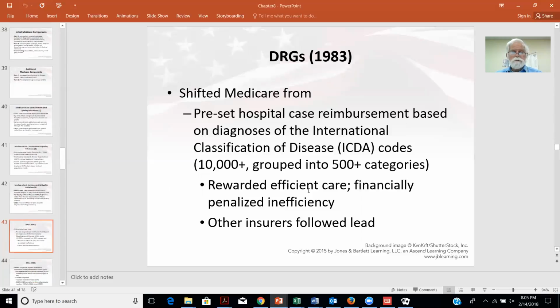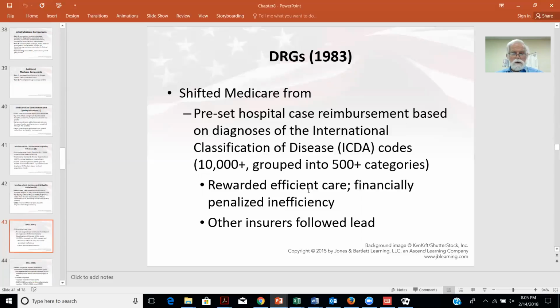DRGs appeared in the 80s and shifted it to a preset hospital reimbursement based on diagnoses according to the International Classification of Diseases codes, ICD codes. We're up to ICD-10 now.